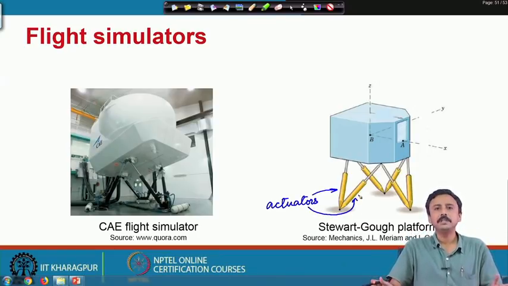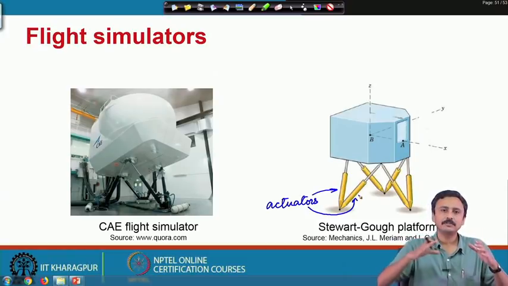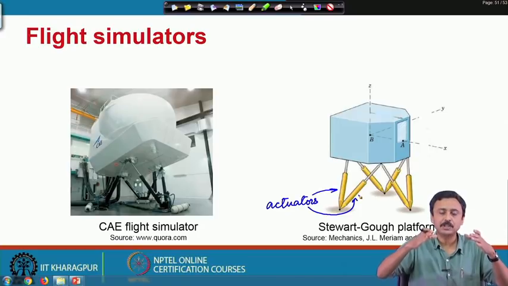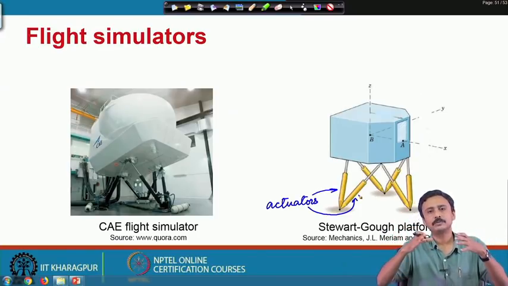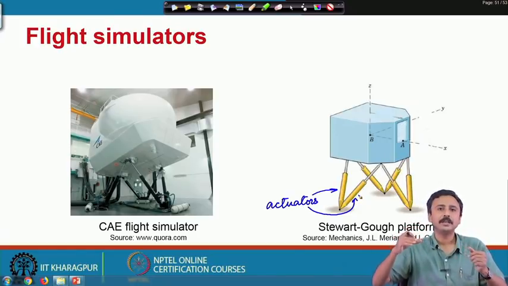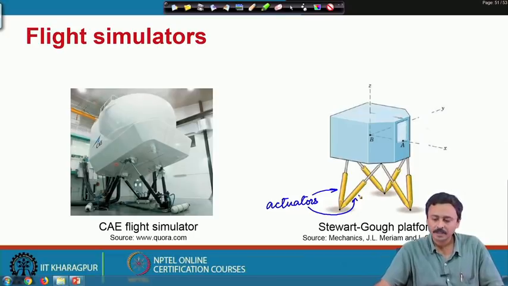Now, what will these actuators do? They will position the platform and they will try to simulate certain motion conditions. For example, when it is taking off, the motion capsule must incline in a certain way, it must translate and rotate. All these are being produced by these actuators.